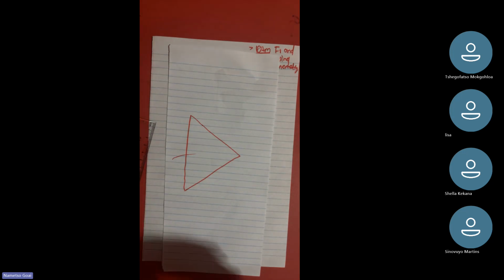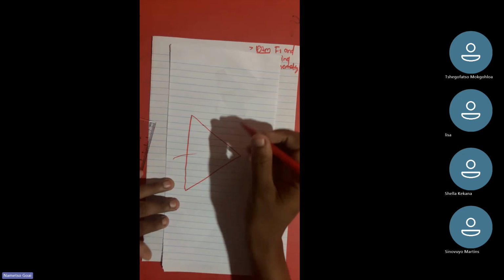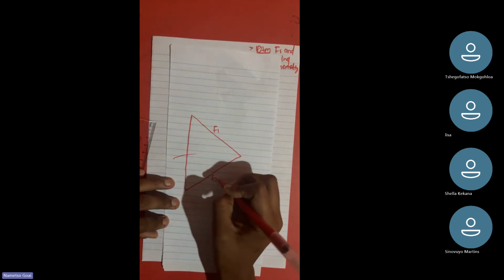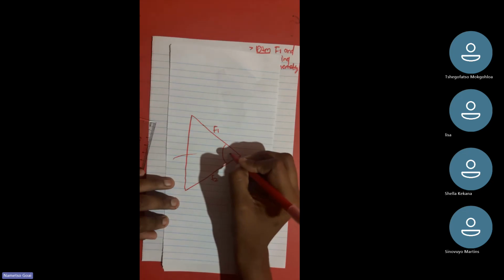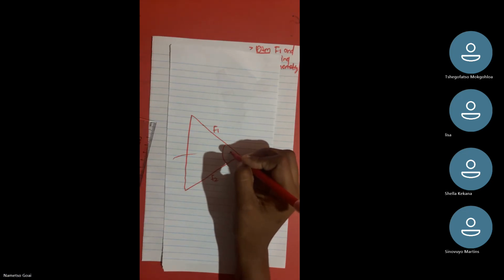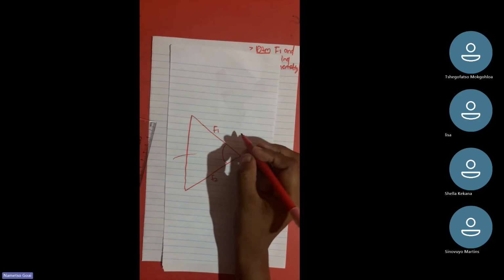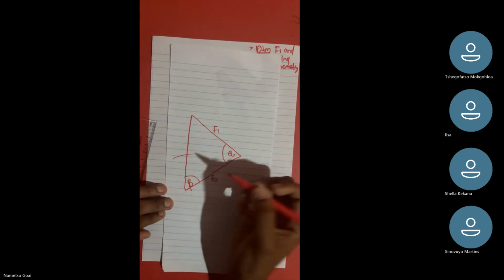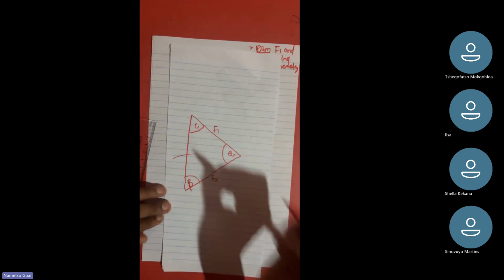Basically, these are just random angles. And you're trying to find this F1 and this is F2 maybe, but you know this as, let's say this is just alpha, this is beta, and this is just C, right?